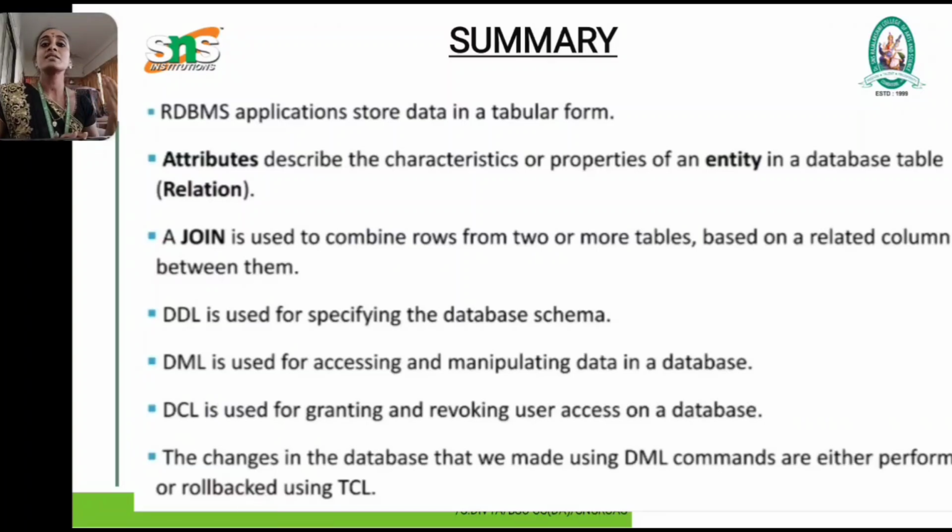DDL, that is data definition language, is normally used for the database schema, and DML is used for accessing or manipulating the particular data in the database. DCL is used for granting or revoking a particular user's access on a database. TCL is used where the changes made by DML commands are either committed or rolled back.